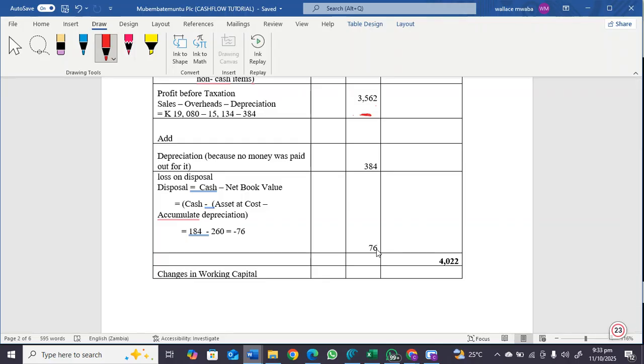So that's why we need to add it back. If it was a gain, it is added to our profit and it's a non-cash gain. So it means you would have to subtract here. Any questions?